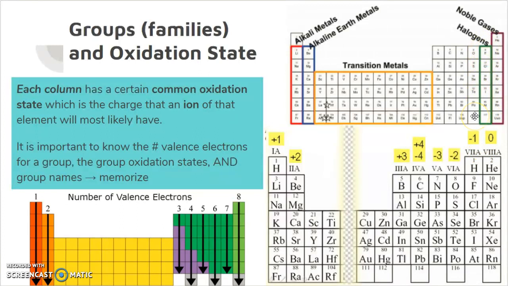And so +1 and -1, it's the same value of the charge, but they're opposite, and opposites attract. So if we know the names and we know the charges, then it would make more sense when we read that question. Okay, so remember, each column has a certain oxidation state or charge that the ions would typically form, and we need to remember that, their valence electrons and the names of the groups.